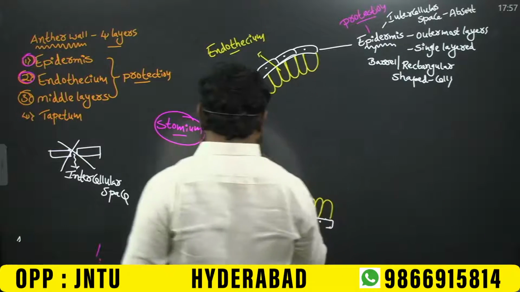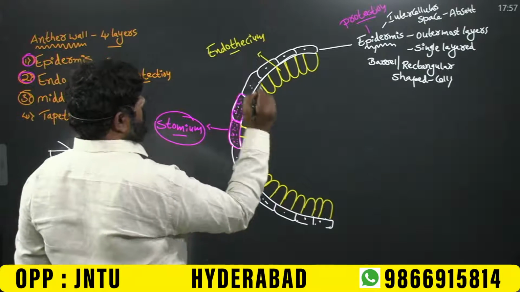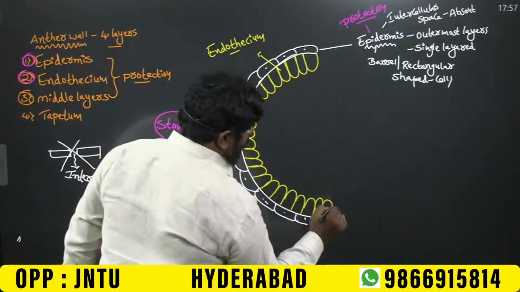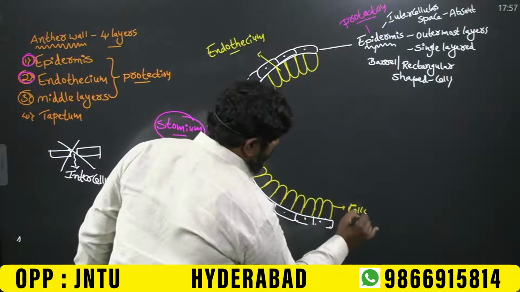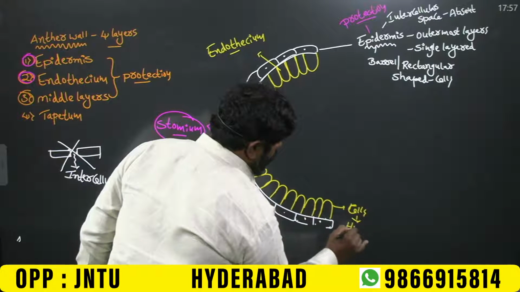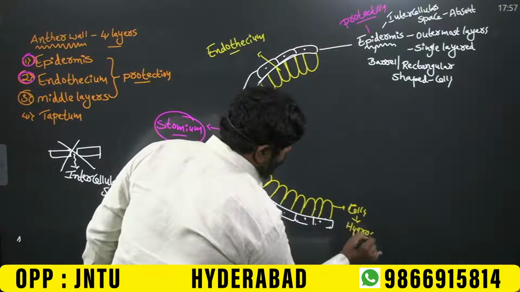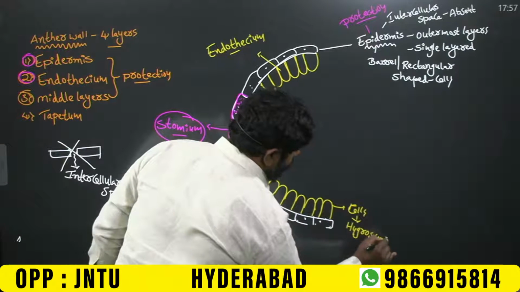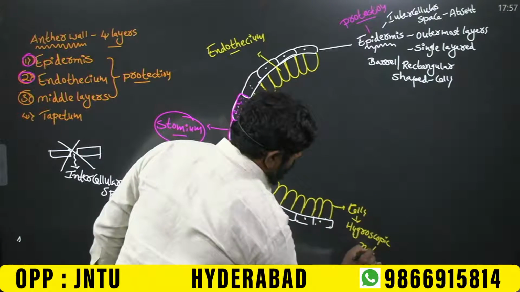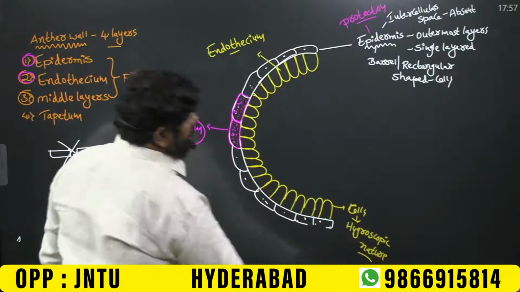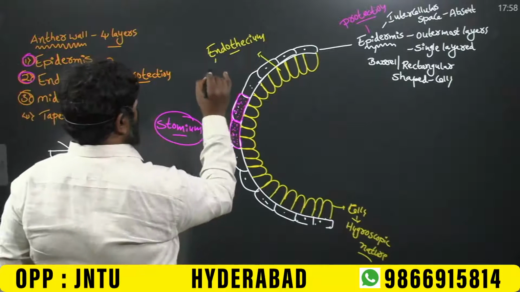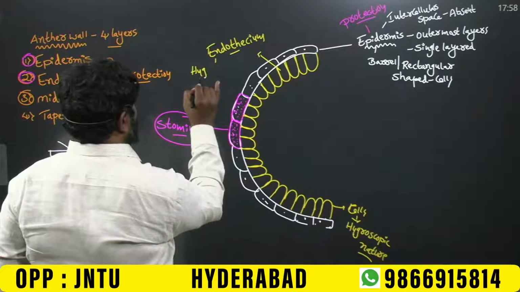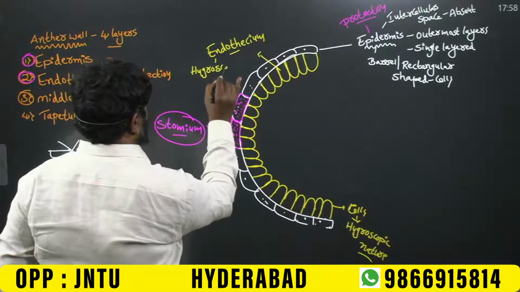See, listen, very important. These are the endothecium cells. These endothecium cells show hygroscopic nature. Hygroscopic nature, very important and expected question.